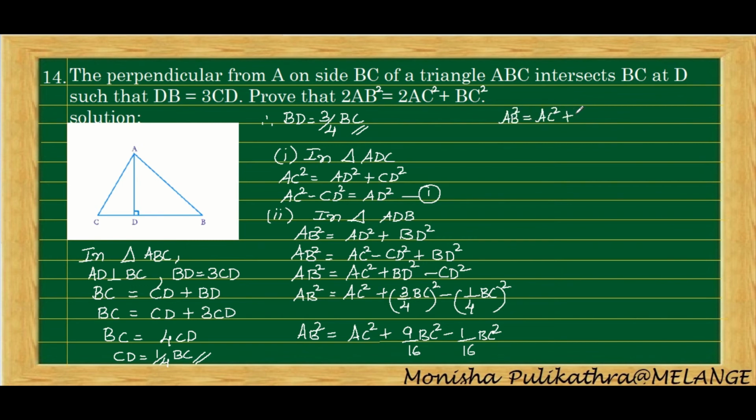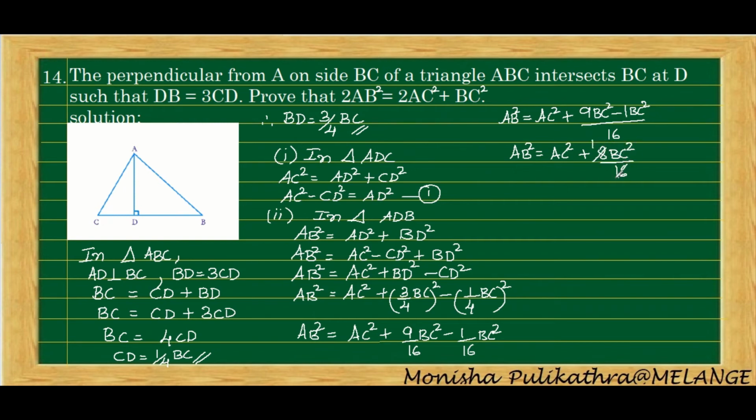So AC square plus, here the denominator is 16, so the LCM will be 16 itself. The numerator will remain as it is, that is 9 BC square minus 1 BC square. So AB square is equal to AC square plus 9 BC square minus 1 BC square, which is 8 BC square, divided by 16.